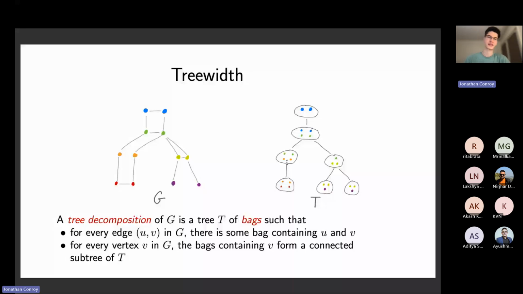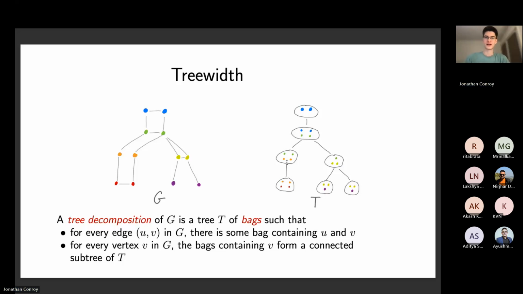Okay, and the width of the tree decomposition is the maximum size of a bag minus 1. And the tree width of a graph is just the width of the best possible tree decomposition, the one that minimizes the width.